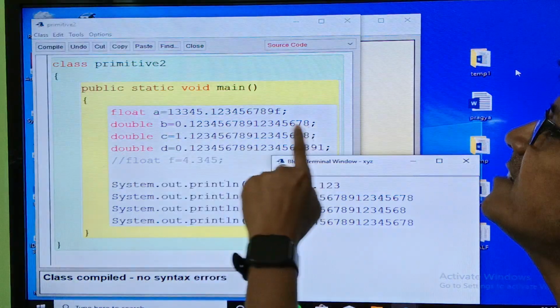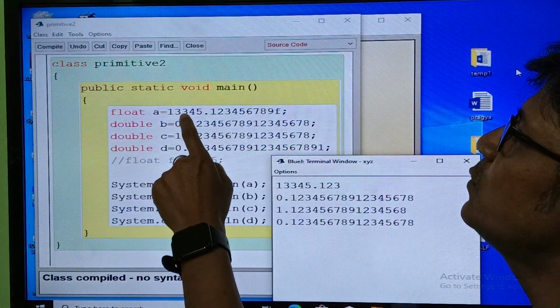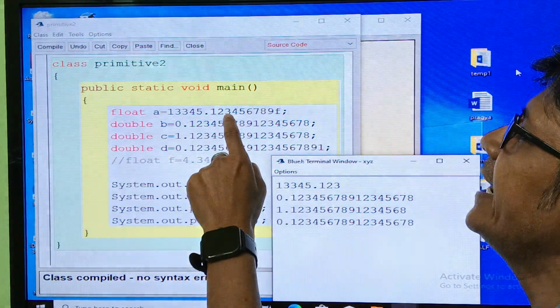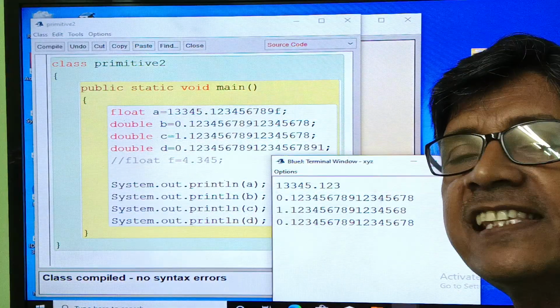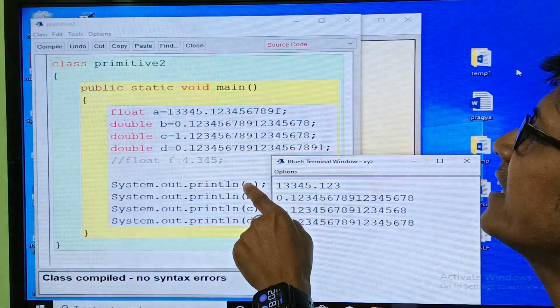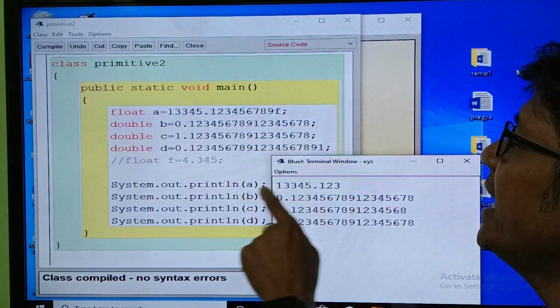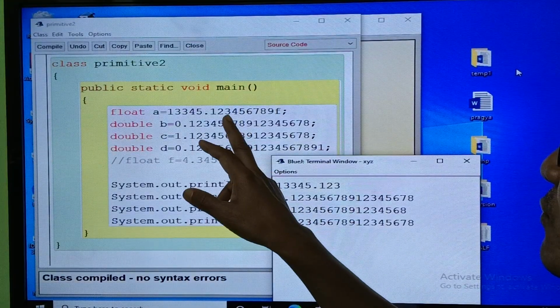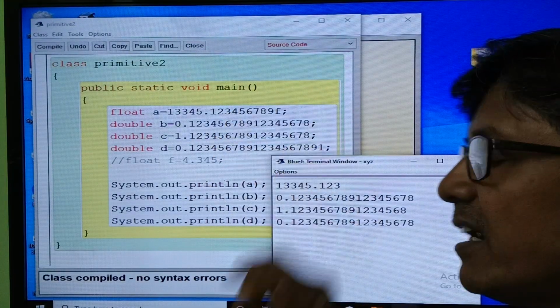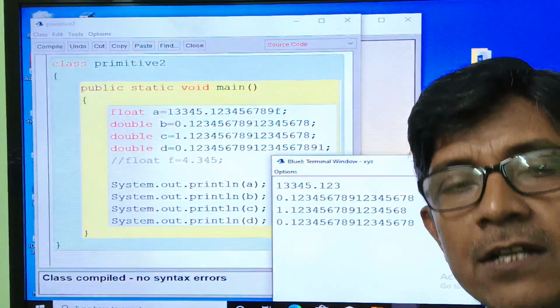How many digits have I given? 14 digits. But how many is it showing? If you print A, it shows 8 digits. So up to 13 it has printed, and the remaining portion is truncated.